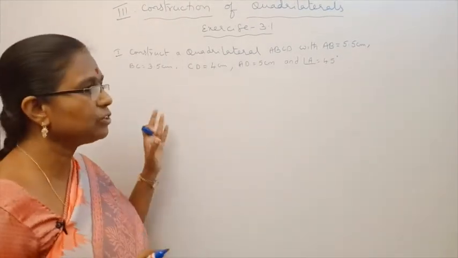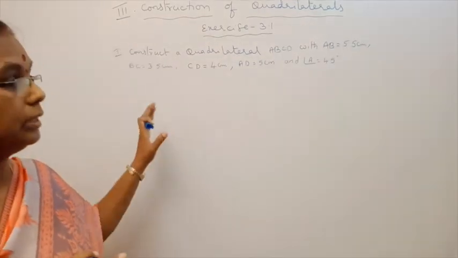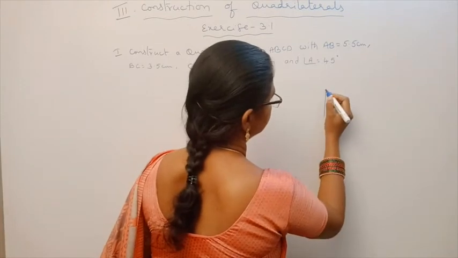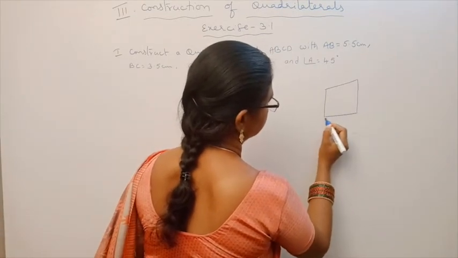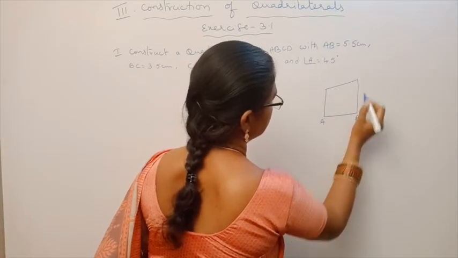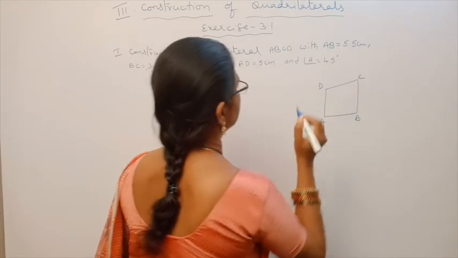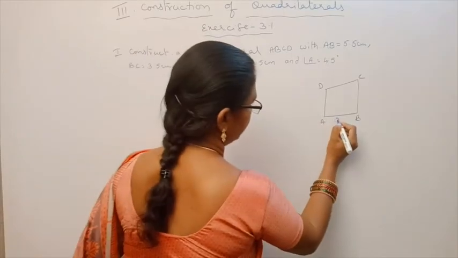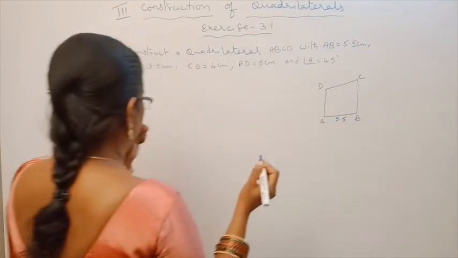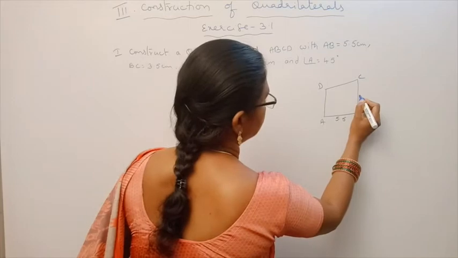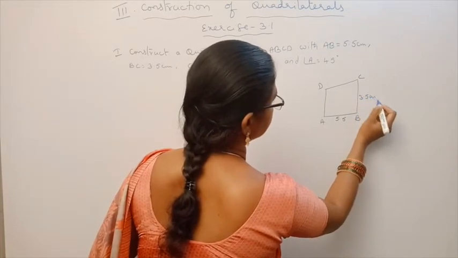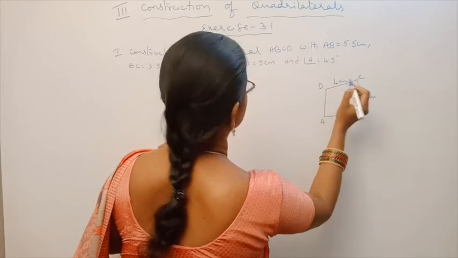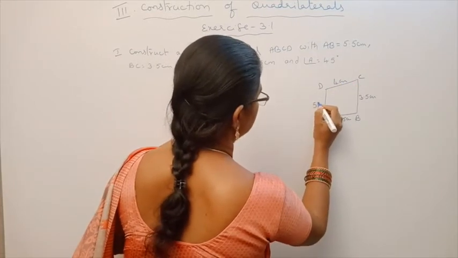For this, first we have to draw a rough figure, meaning one quadrilateral ABCD. Now you have to write the measurements: AB 5.5, BC 3.5, CD 4 centimeter, AD 5 centimeter.